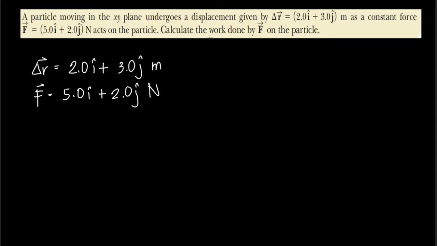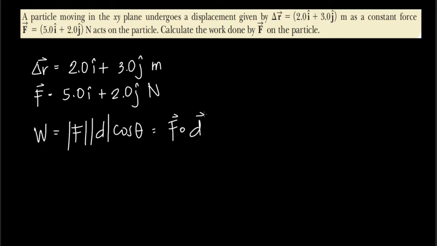So, calculate the work done. As we have said earlier, work is simply the dot product of force and distance. So, F dot D. Okay. So, there's no need for theta. Actually, you can find the angle between the force and the displacement later on. But for now, let's do the dot product.